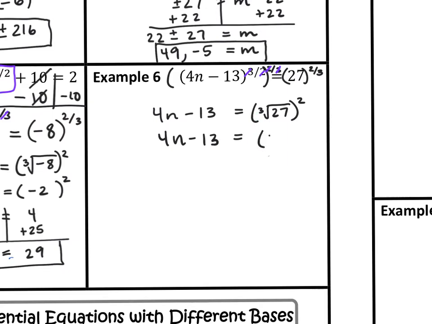Isn't 3 times 3 times 3 27? Yes, so the cube root of 27 is 3, and we're going to square it. I'm going to copy the left side, and what's 3 squared? That's 9. Then a little bit of algebra.